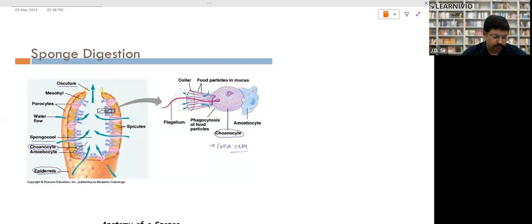Now there are a few points which you need to remember. The first and foremost point is that sponges are not found in cold water. Sponges will not be there in cold water, right?